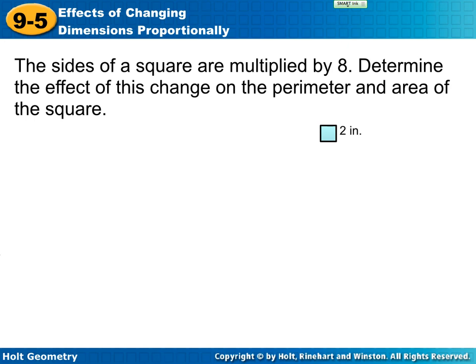Square, we're going to multiply the sides by 8. It's going to get a lot bigger. Write down on the marker board so I can tell who's with me. What's happening to the perimeter? What's going to happen to the area? You don't have to recalculate unless you need to. Decide if it's changing 1 dimension or 2, changing the size of the square, multiplying them each by 8. What's going to happen to the perimeter and the area?